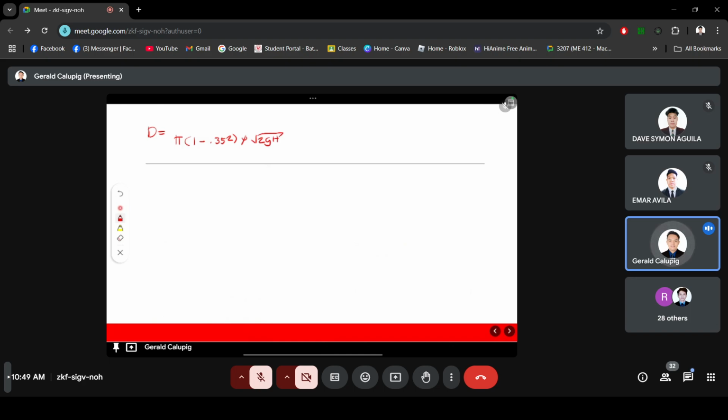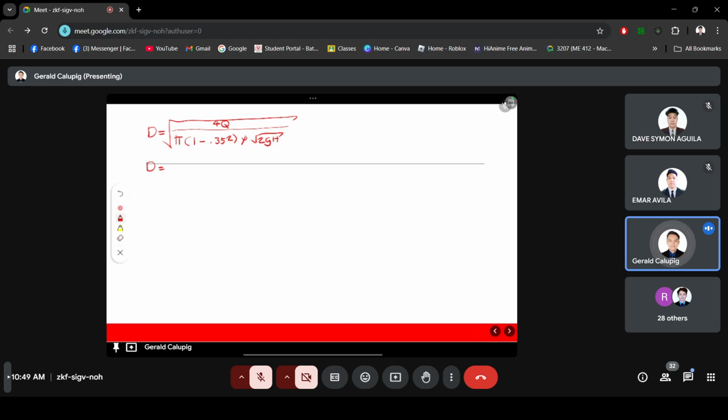Ang kanyang numerator, 4q. So let's have the square root of this expression. So we can have the formula for d. Okay?